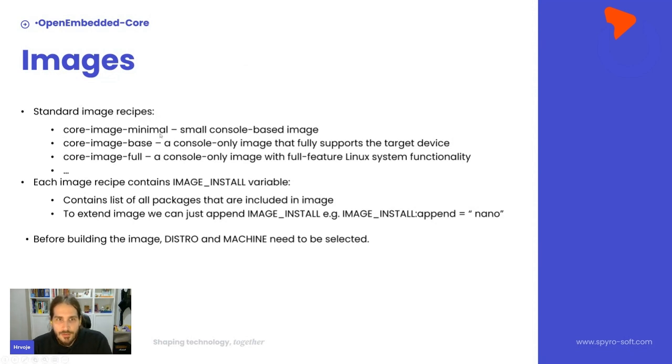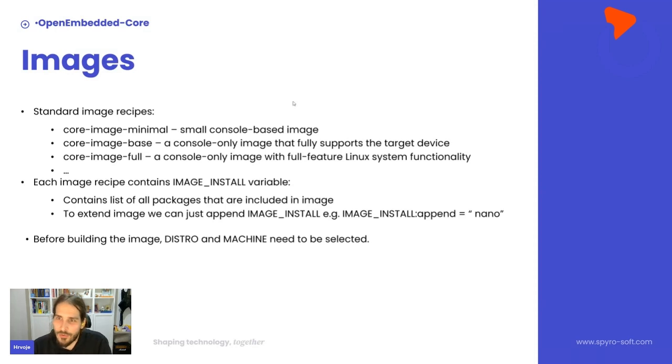So first we have core image minimal, which provides you with a very small image that only has console. Then you have core image base, that's very similar, but it provides full support for the target device.